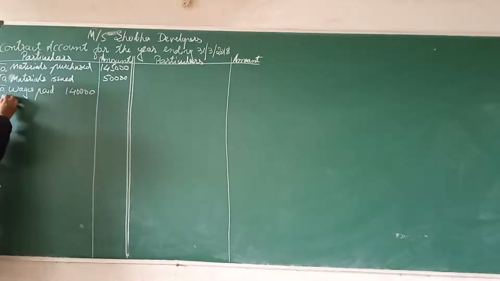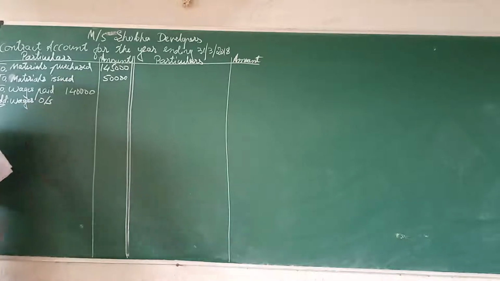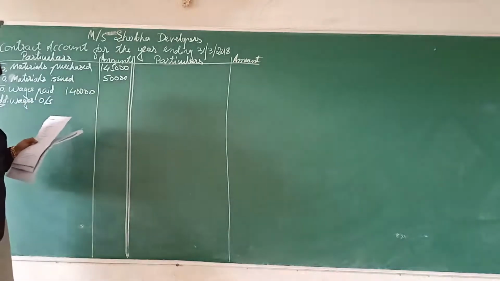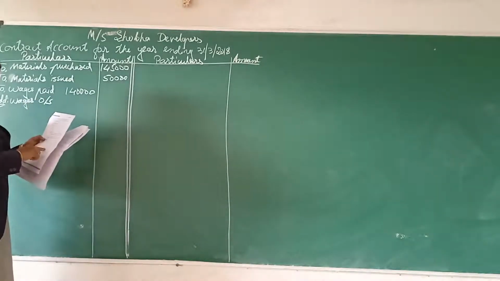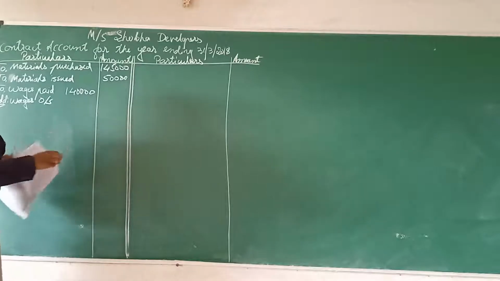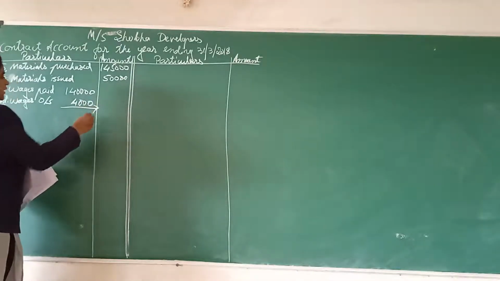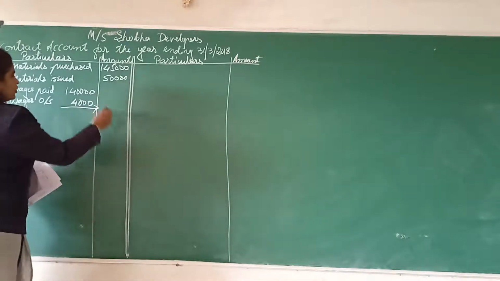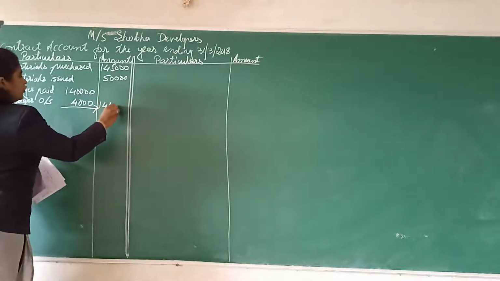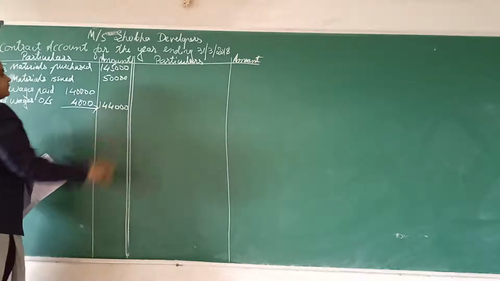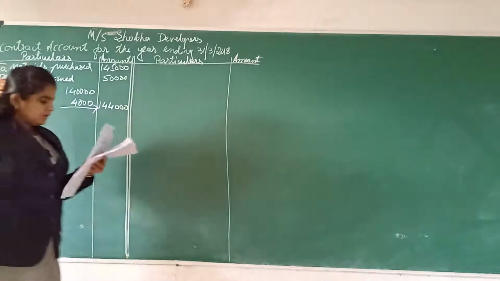Add wages outstanding, amount is 4,000. Make the total and take it to the outer column, 1,44,000.